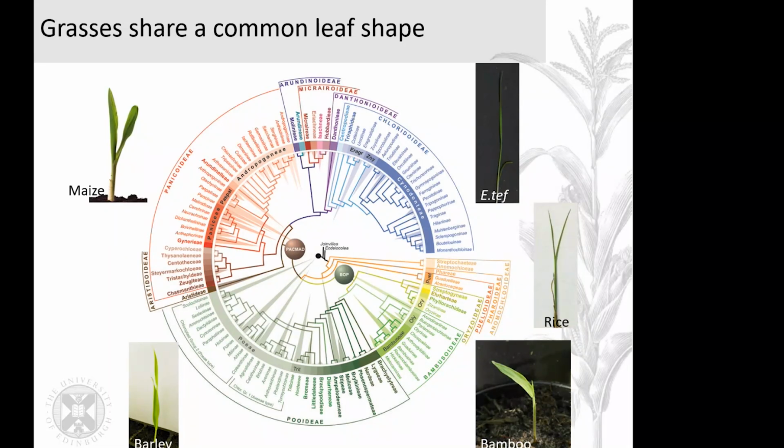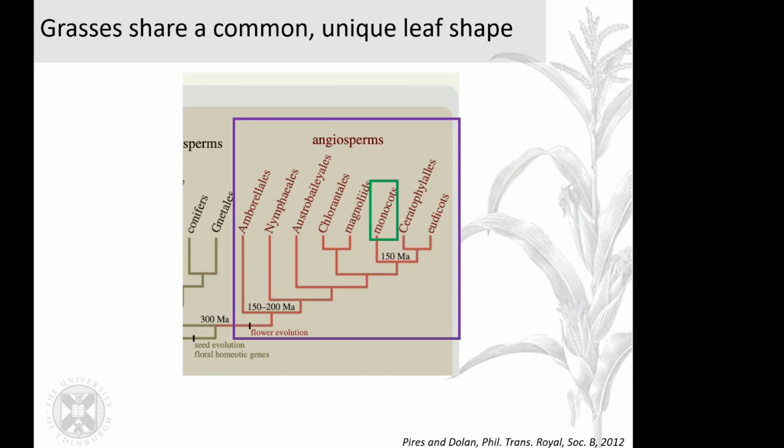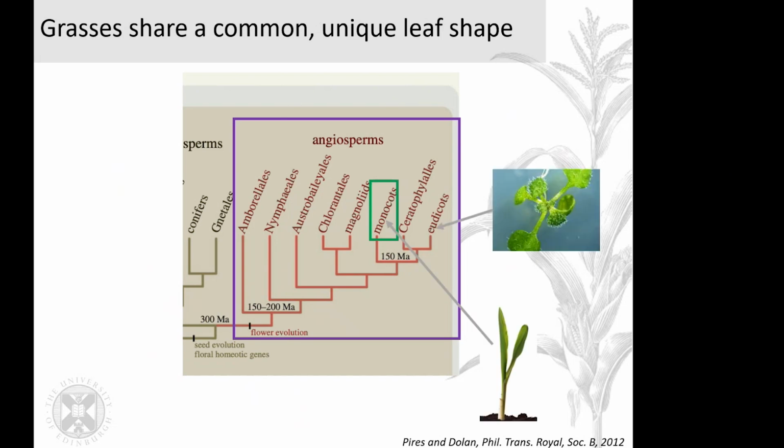And this is not just in maize. If you look at seedlings across the grass family, they have different sizes and different leaf widths, but the same structure is there. This modular structure is always the same. So it's consistent across the grass family. But when you look outside of the grasses, which are part of this monocot grouping here, the most common group, when I talk to people, like students, about what leaves are, they'll say, oh, these ones, they're flowering plants.